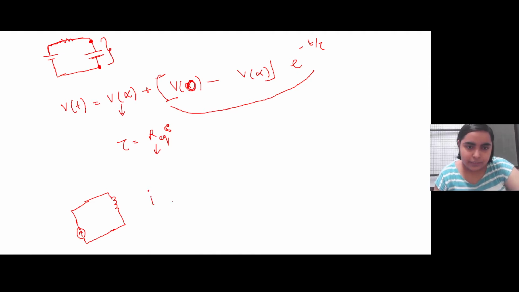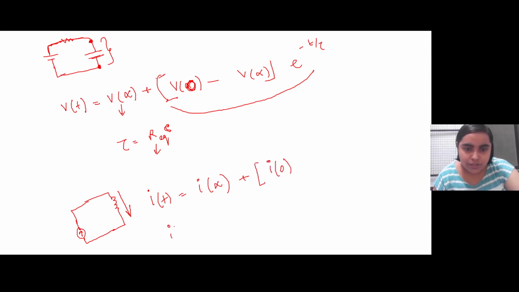The current at any time t is given by the current that the inductor will get at infinity. At infinity, this inductor will behave as a short circuit, right? So the current that will be flowing through that inductor at time equal to infinity plus the current through the inductor just before switching.